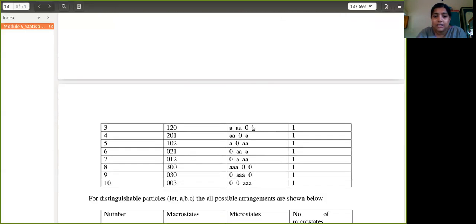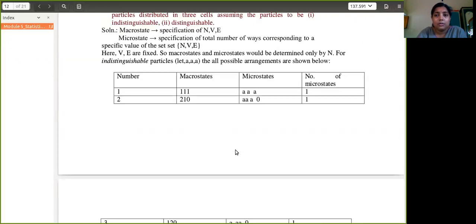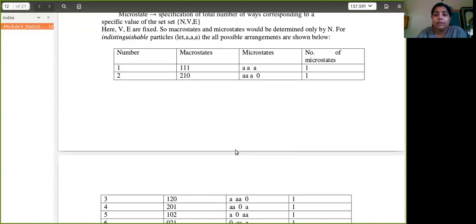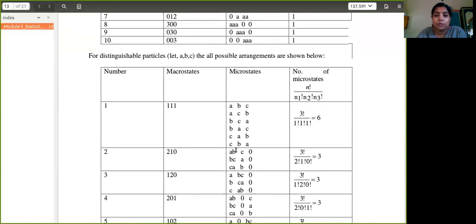Similarly, you will see that every macrostate will have only one microstate corresponding to it, as the particles have become indistinguishable. Okay, so I think the problem is clear. Now I will go to the next problem.